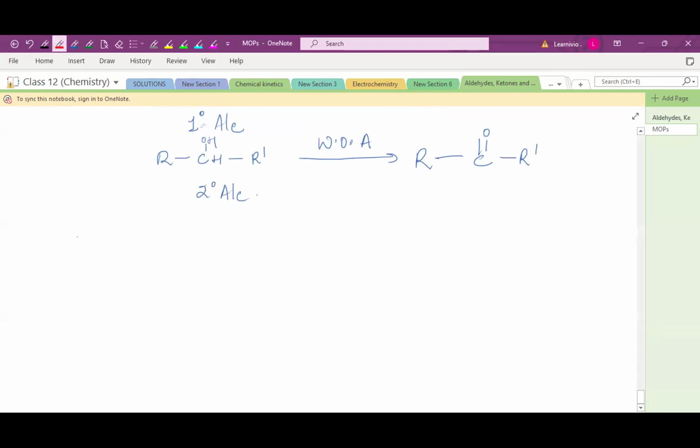If it is clear, then do this question. Fill in the blanks. First question, you have to write the reagent over here. I'll wait for you.